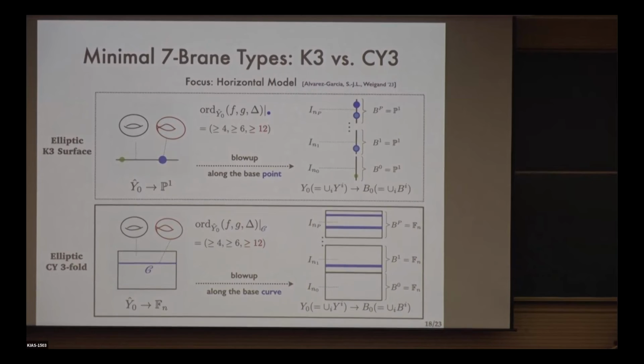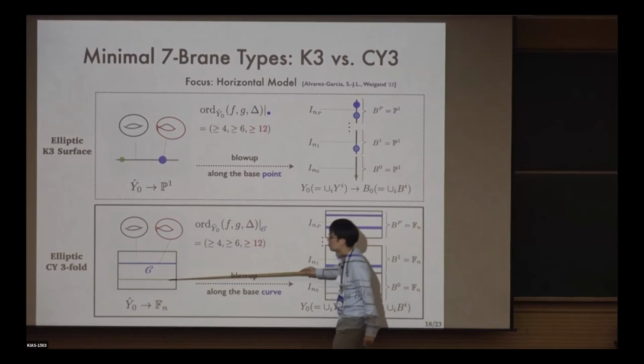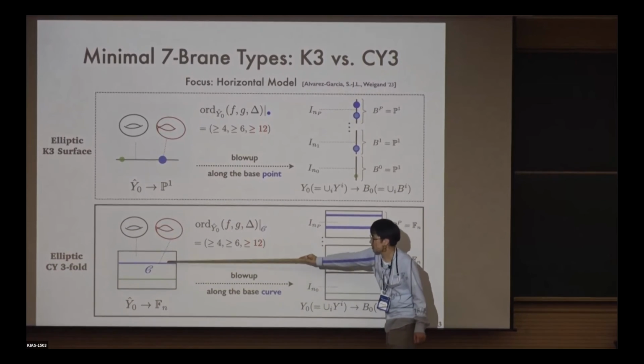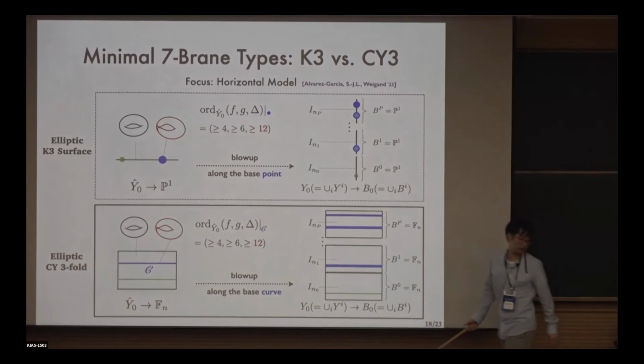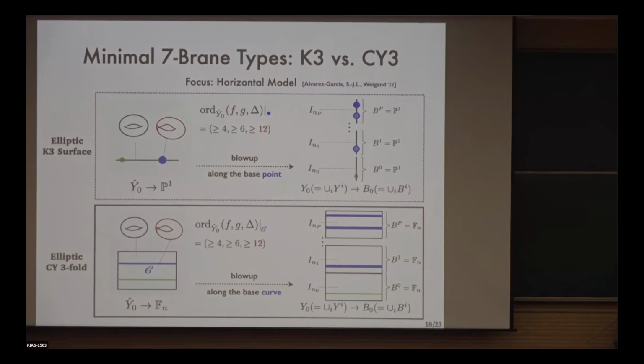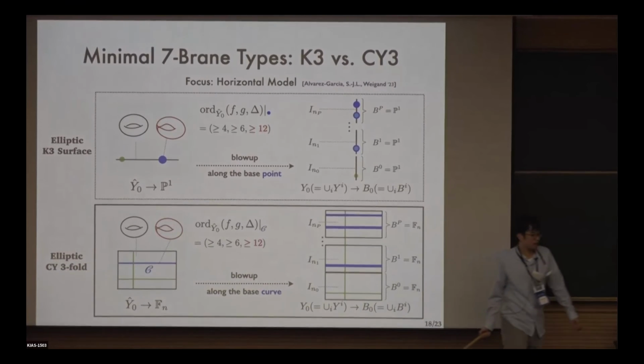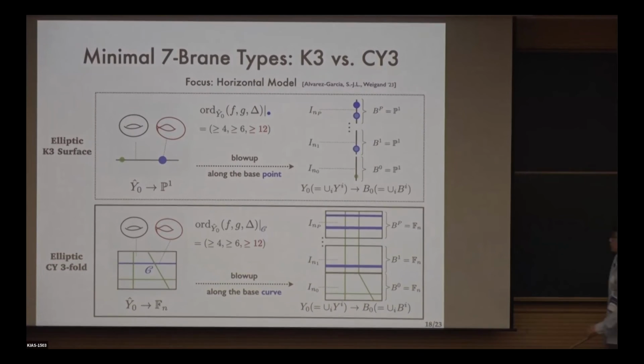However, even in the threefold case, if the minimal brane was also horizontal, like the non-minimal one, then it will not hit the non-minimal locus, and therefore it will not be affected by the blow-up procedure. However, if we have minimal branes vertically, or in a mixed way, then these will also have to be stretched along the blow-up procedures.